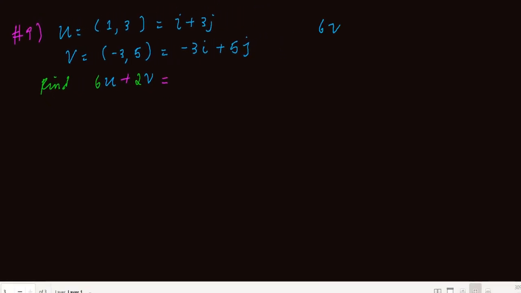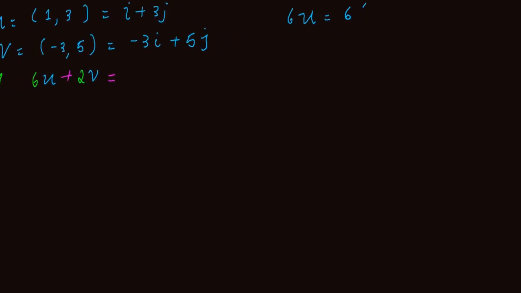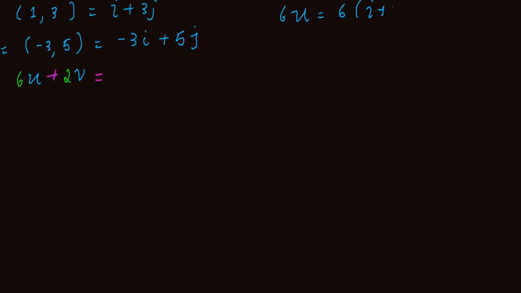So 6 times the vector u means scaling vector u by 6, and since 6 is positive, we scale it. This will be 6 times i plus 3 times j, and this will be 6 times i plus 6 times 3, 18, in the j direction.